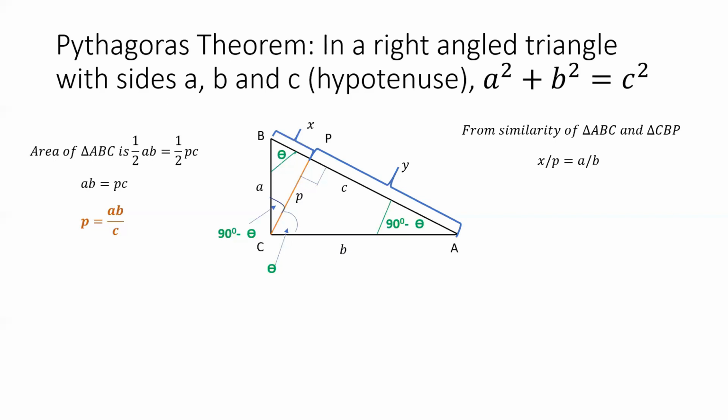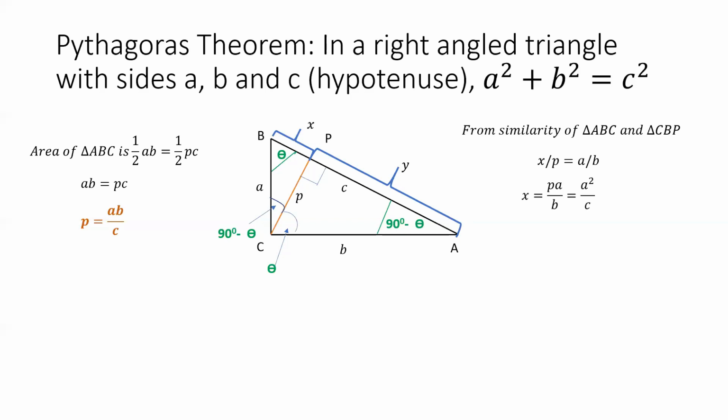And p is the longer of the two arms of the right angle triangle CBP. So if we look at the original triangle ABC, the corresponding arms would be a and b. The short arm is a and the long arm is b. So that's why we have x by p is equal to a by b.